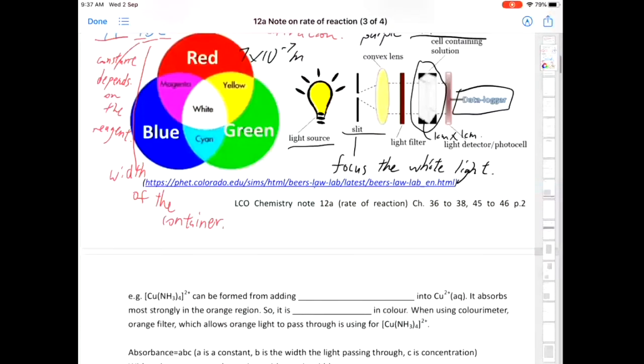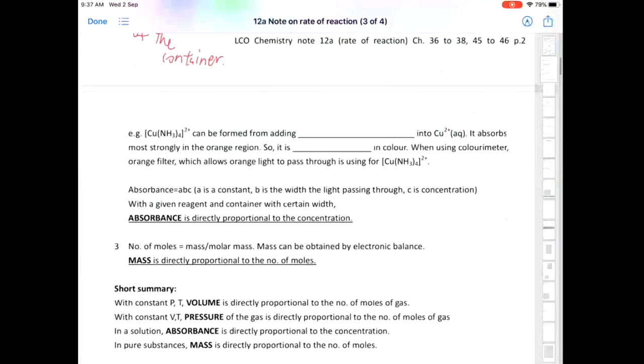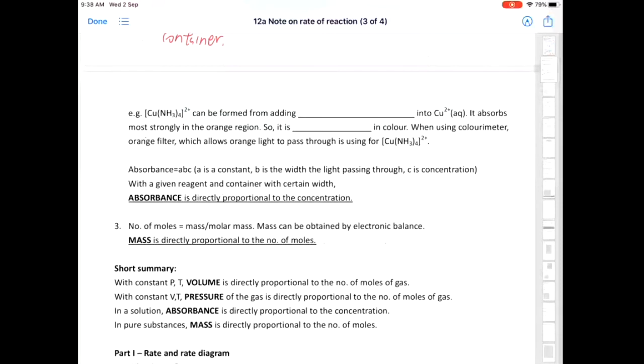And let's try an example. For Cu(NH3)4 2+, how can it be formed? Long time before learning. How can you form this complex ion?